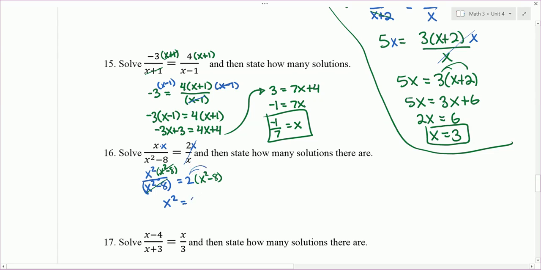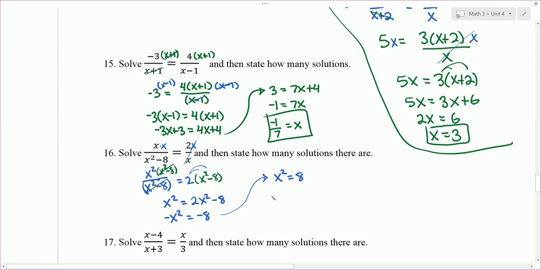Distribute the 2. And then continue working through this. I'm going to subtract 2x squared from both sides and get negative x squared equals negative 16. Then divide by negative 1 and get x squared equals positive 16.